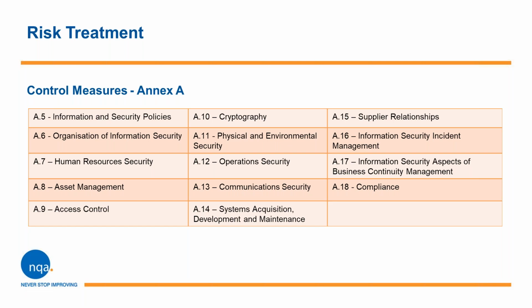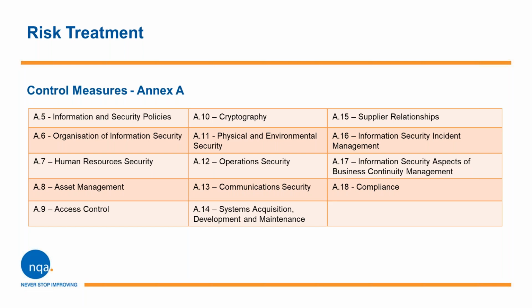A11 is physical and environmental security, which defines secure areas, entry controls, protection against threats, equipment security, secure disposal, clear desk, clear screen policies, and so on. A12, operational security, looks at controls related to the management of IT production, change management, capacity management, malware, backup, logging, monitoring, installation, and also vulnerabilities. A13, communication security.